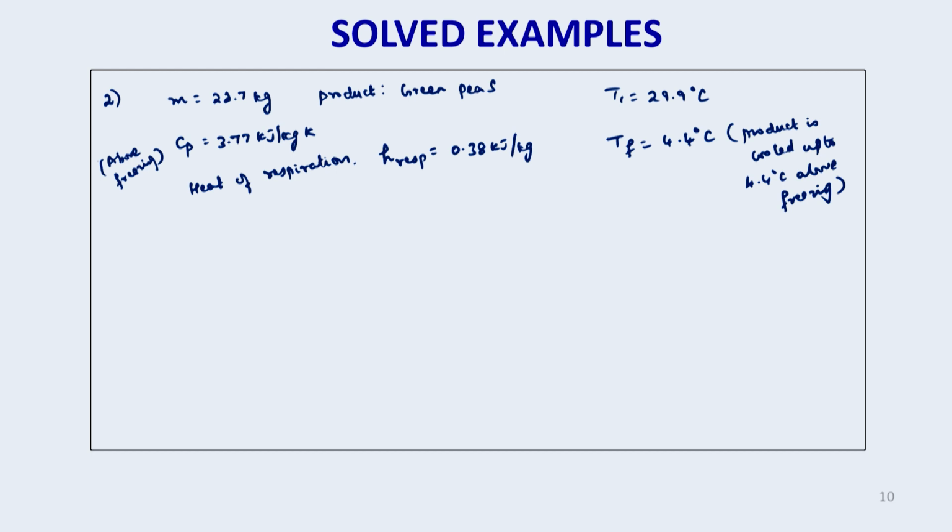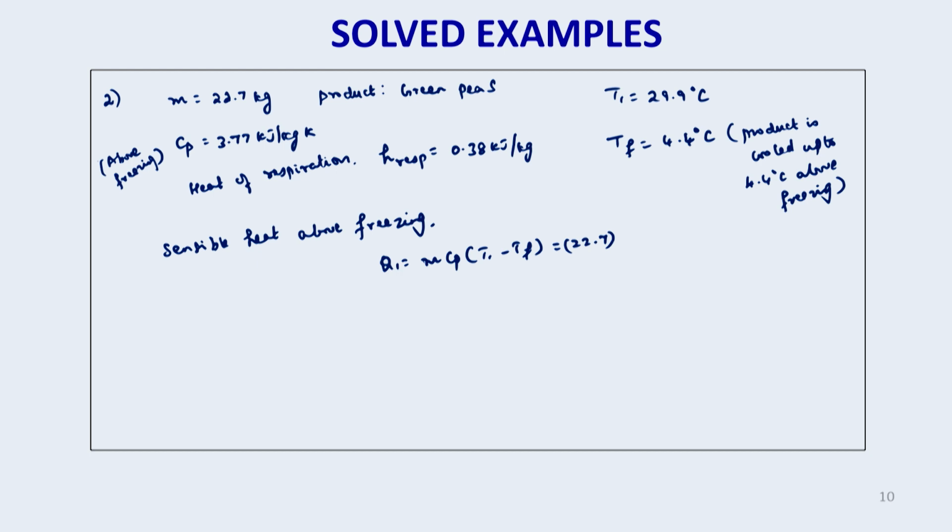So let us calculate the sensible heat above freezing. Q1 is equal to M into Cp into T1 minus Tf. M is 22.7.